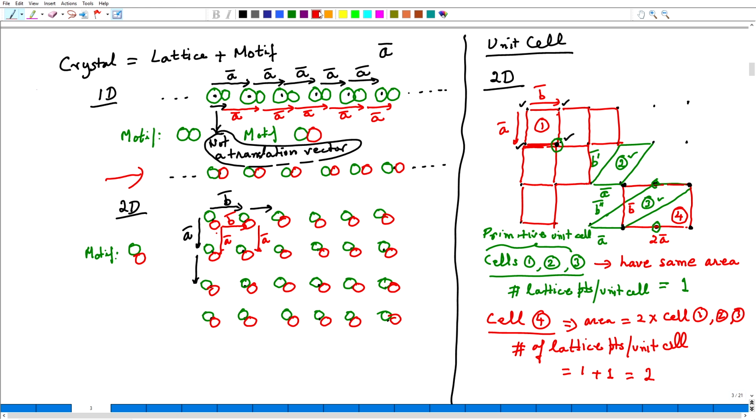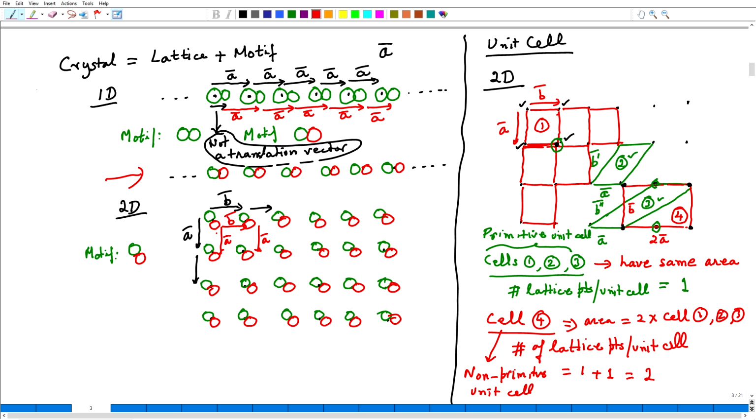And a cell like cell 4 is called a non-primitive unit cell.